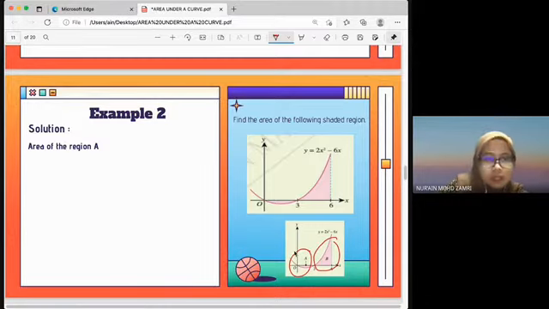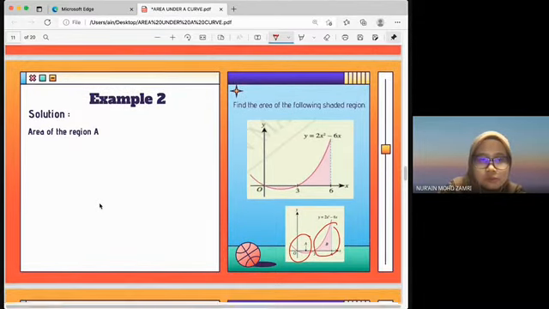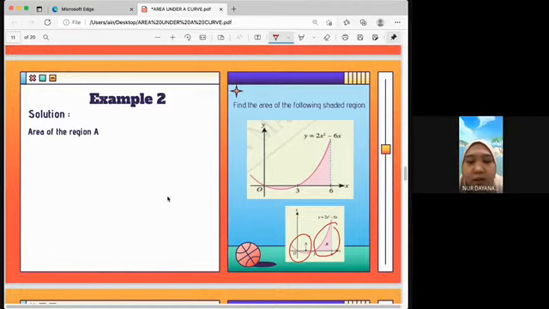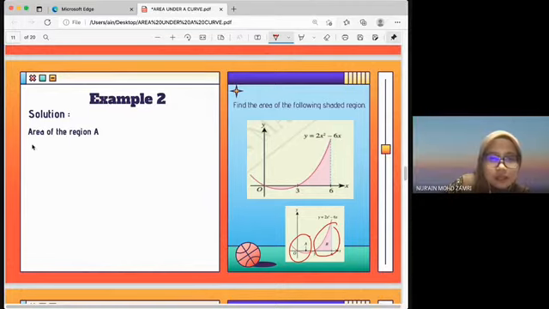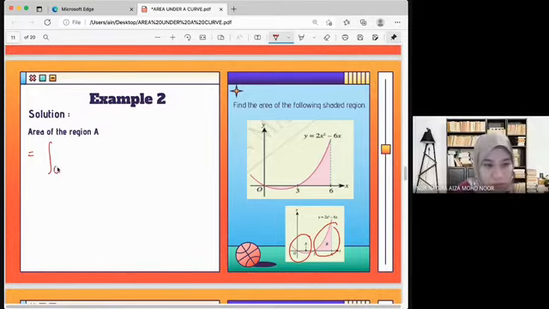Okay, so we are going to find the area of region A first. So now what to do? Set up the integral. Yes, correct. We have to set up the definite integral of function y with respect to x. So our limits for region A are 0 to 3.